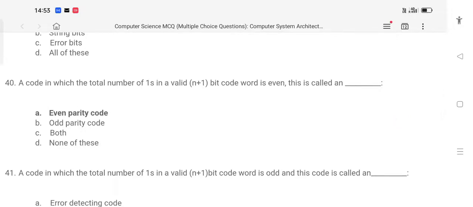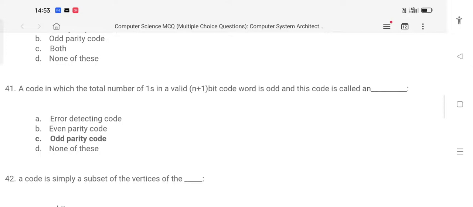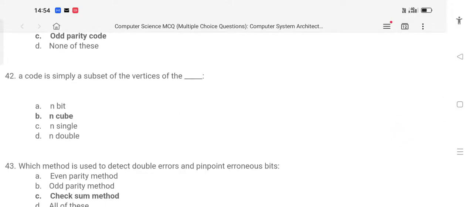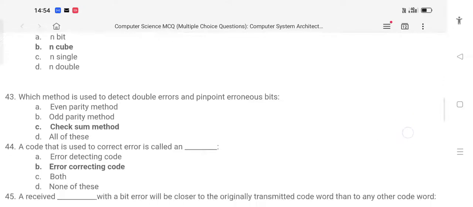A code in which the total number of ones in a valid n plus 1 bit code word is even is called an even parity code. A code in which the total number of 1s in a valid n plus 1 bit code word is odd is called an odd parity code. The code is simply a subset of the vertices of the n-cube.